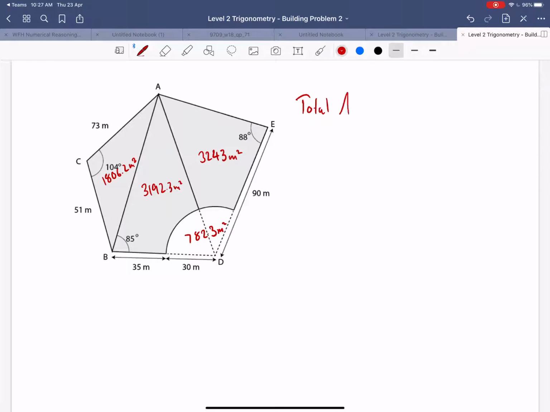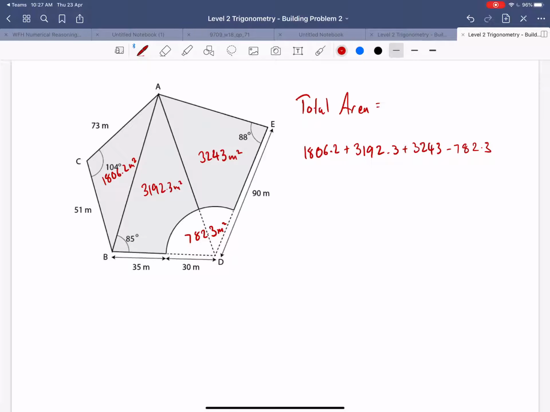So total area is going to equal 1806.2 plus 3192.3 plus 3243.0 minus 782.3.